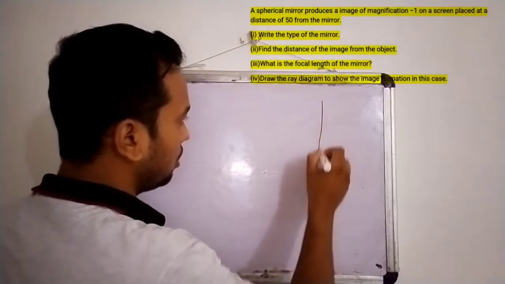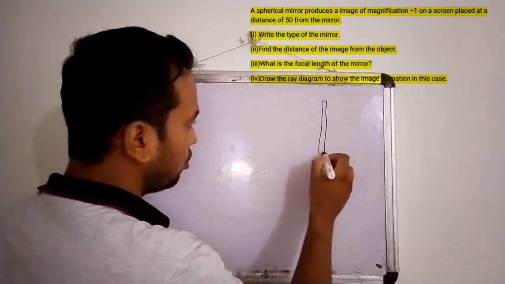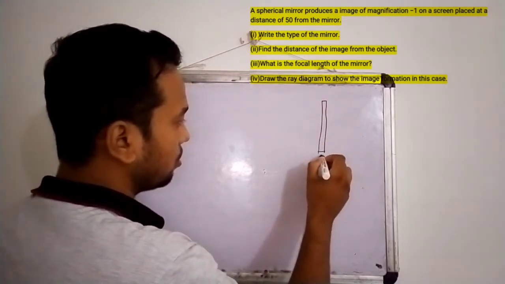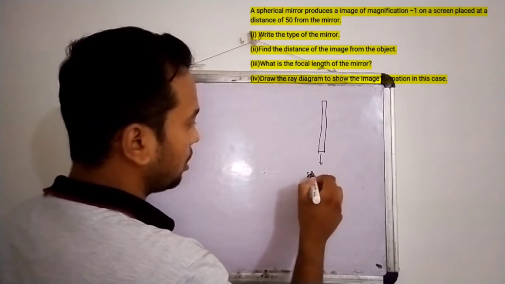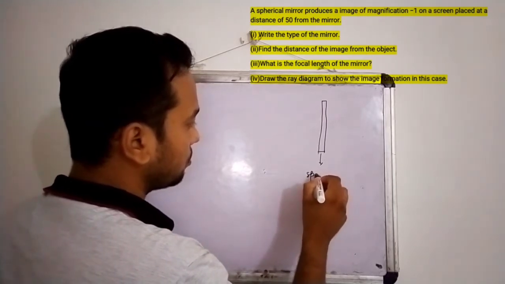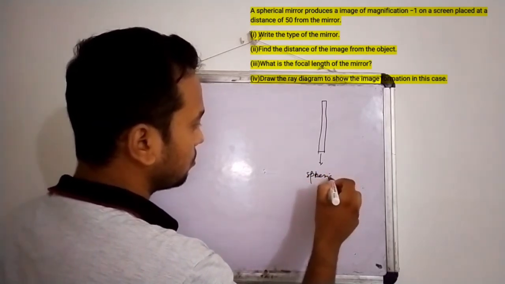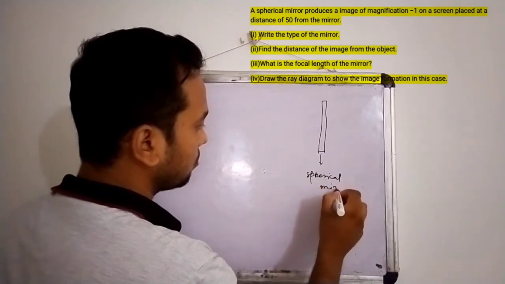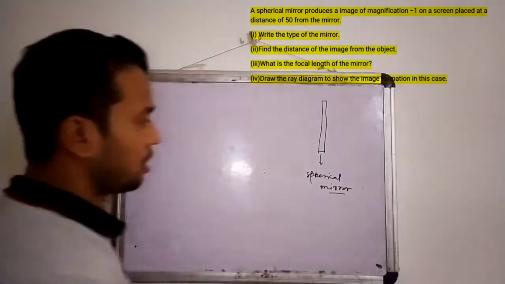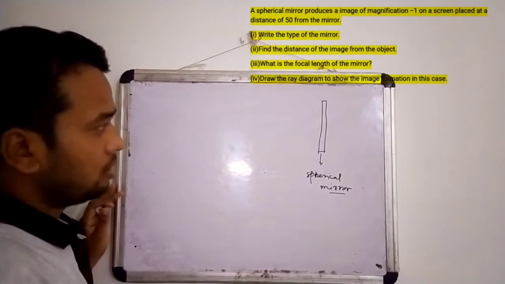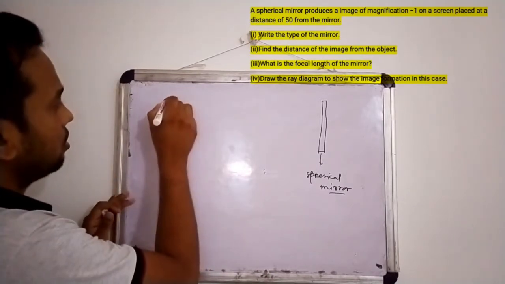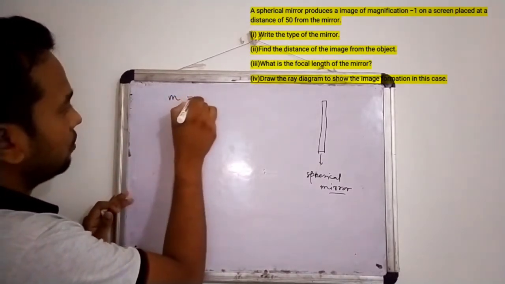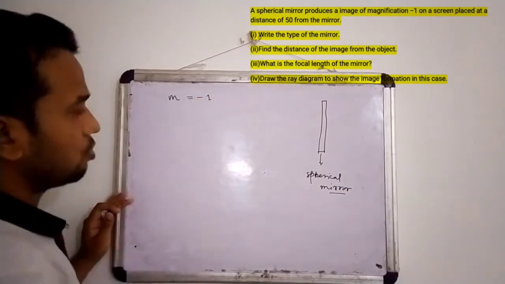Suppose here we place a spherical mirror. Okay, this is a spherical mirror, and in the question, magnification is given as -1.